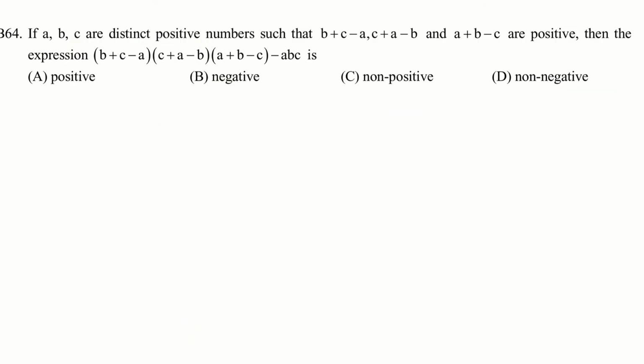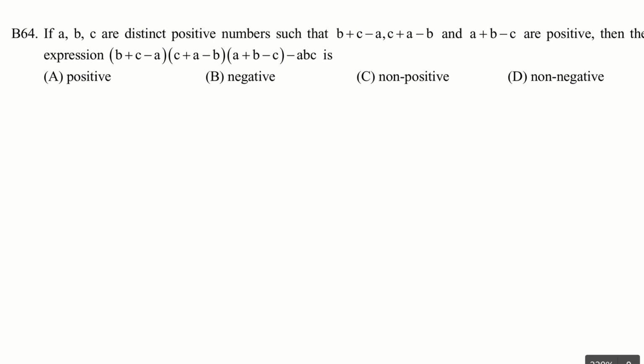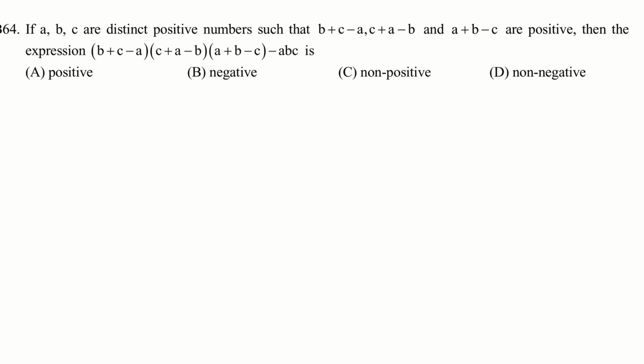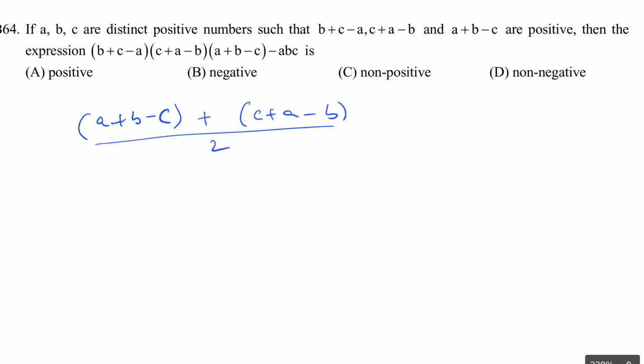So over here we have to tell whether it is positive, negative, that means basically it is an inequality. Now we know that problems on inequality are not so easy. See here, you need to observe that if you take a+b-c and c+a-b, and if you add them and take by 2, this is nothing but a.